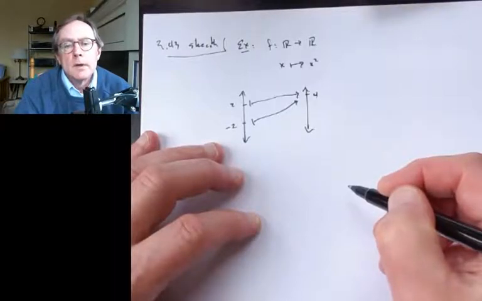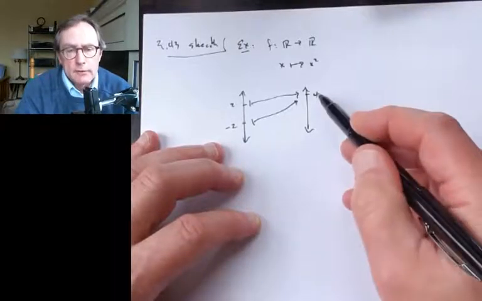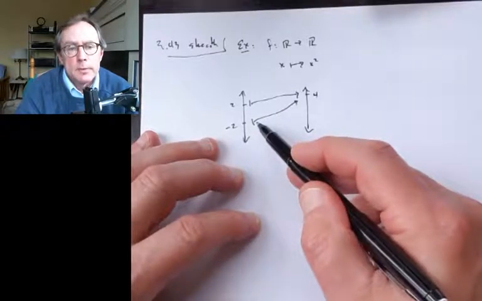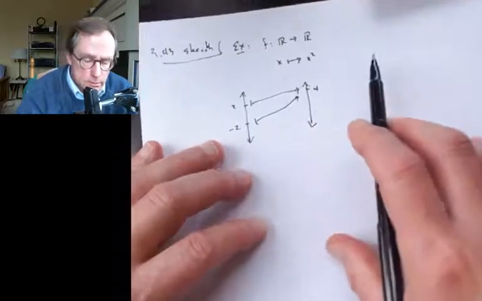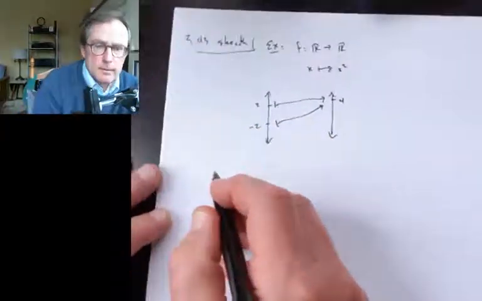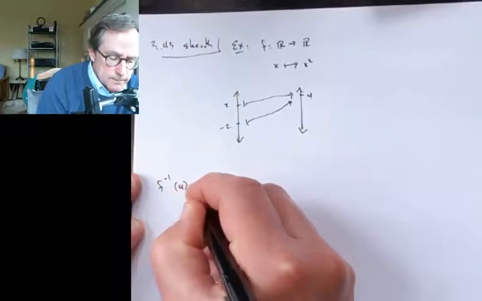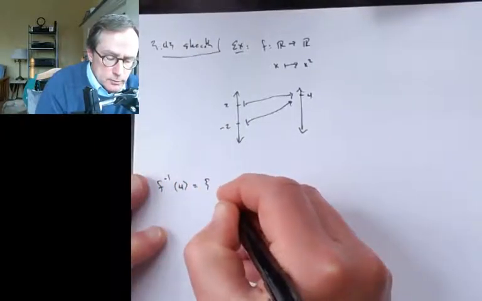Okay, so that is to say, when I start at 4 and pull back to the domain, I end up with a set of size 2. F inverse of 4 is a set of size 2.